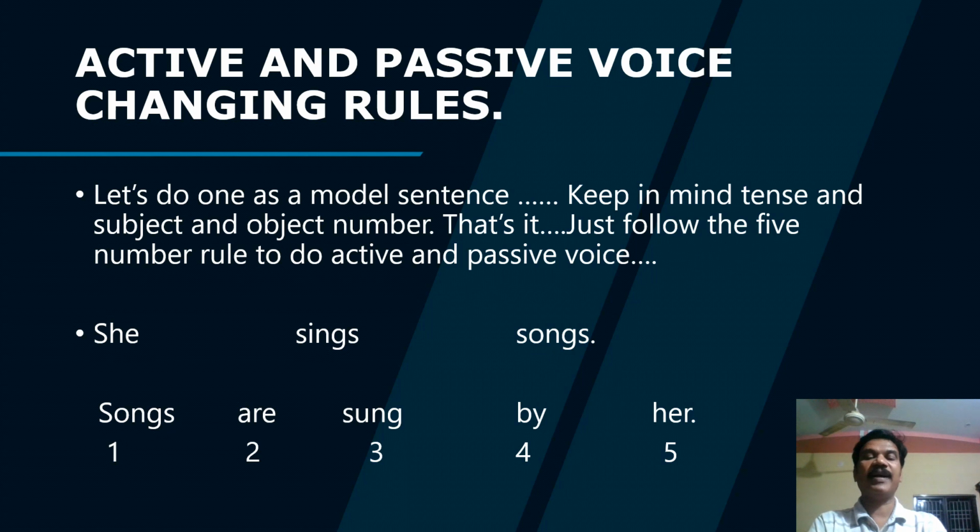So here the acceptable verb is the past participle sung. Next, rule number 4, there is a demand for the active subject as an object, therefore we should use by for the agent. Therefore, by. Next, rule number 5, she becomes her. So these 5 rules are very important. Then you never make any mistake when you want to change to passive voice. Follow these 5 rules.